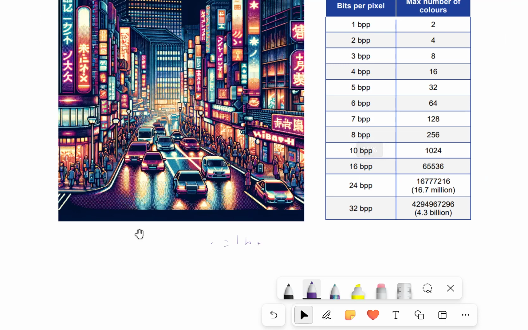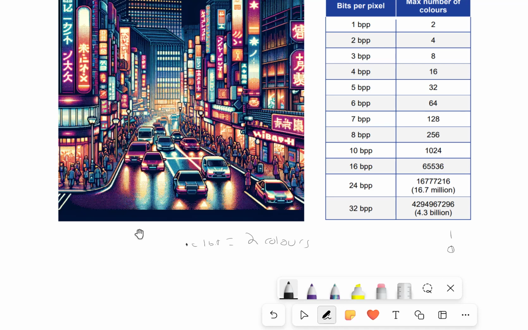So how does that break down? Let's imagine that we've got a pixel, and this pixel has 1 bit of storage. That basically means that we can only store 2 colors. So if I was to do our placeholder values, we can either store a 1 or we can store a 0. 2 different types of colors, a 1 or a 0.